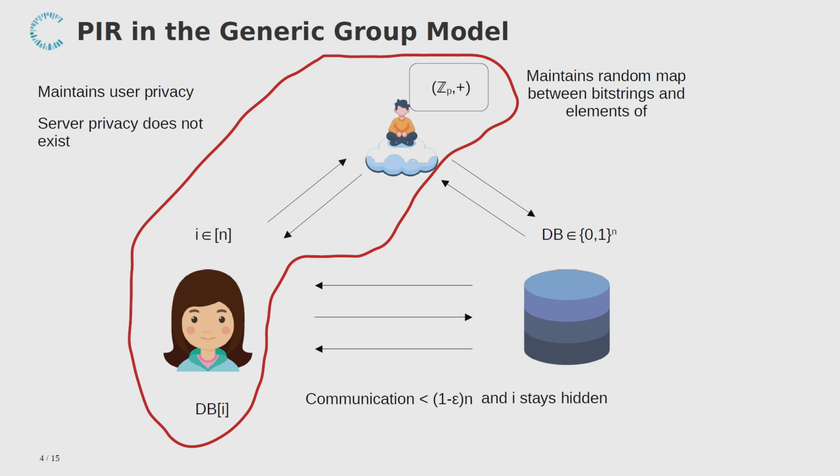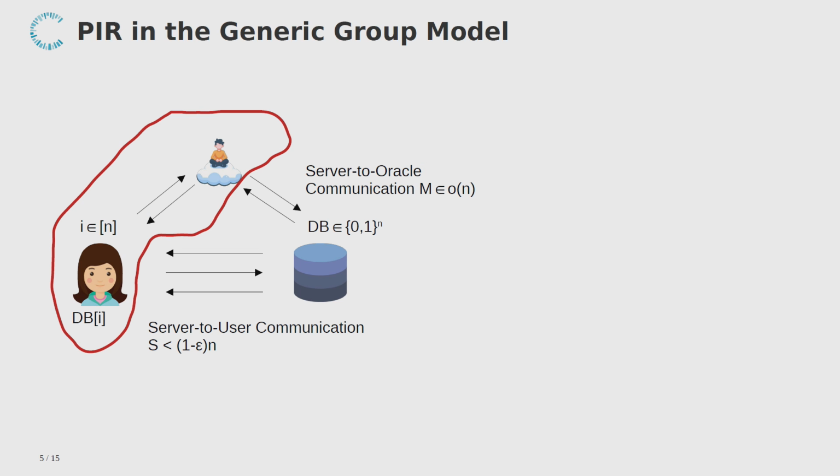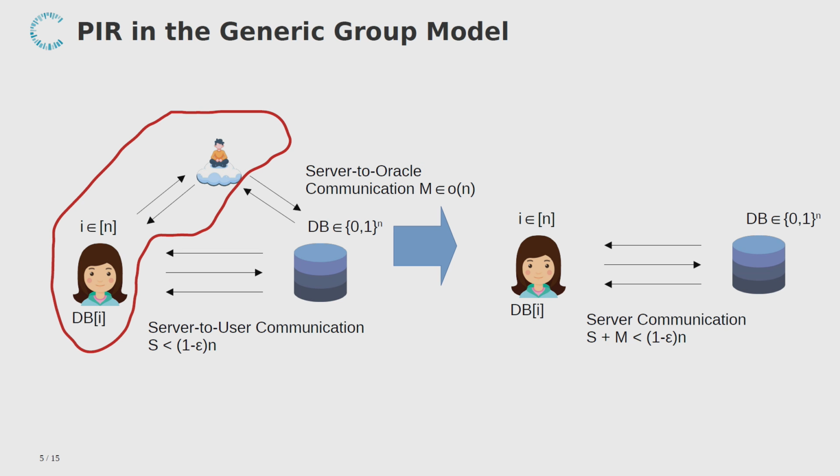But the communication changes slightly. And there's no problem that some server privacy is lost, because we never required server privacy. Okay, so we have this protocol, and now we turn it into a protocol that doesn't have this generic group model oracle anymore.